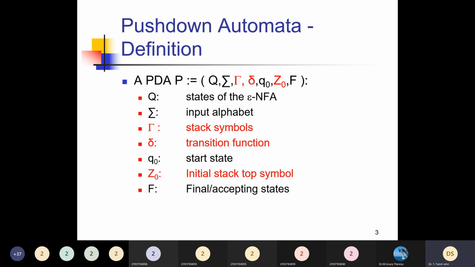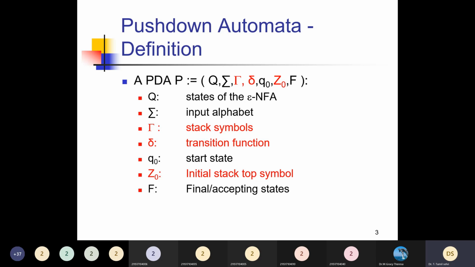So totally we have 7 parameters in PDA: finite set of states, finite set of input alphabet, and stack symbol. We have the transition function, Q0 the start state, then Z0 the initial empty stack or top of the stack, and then capital F is the final state.